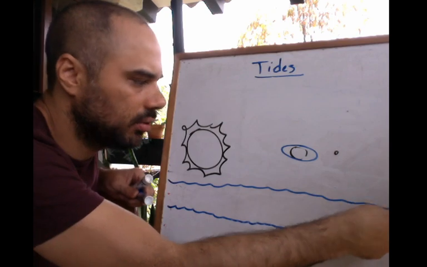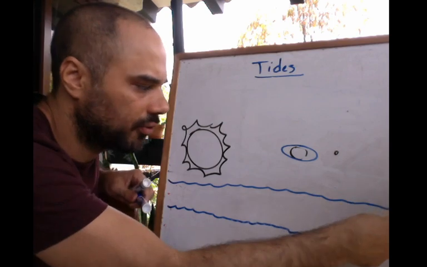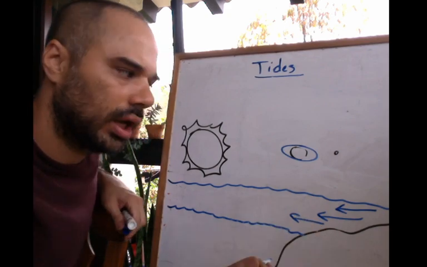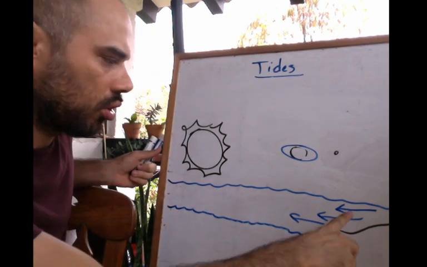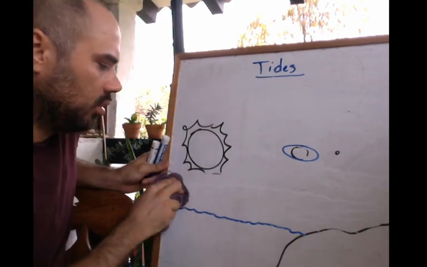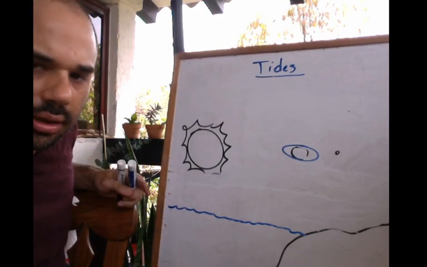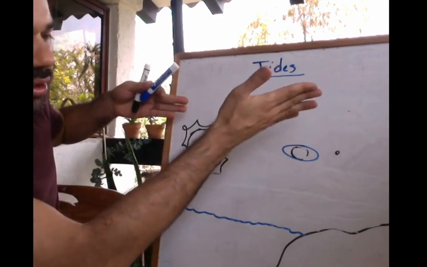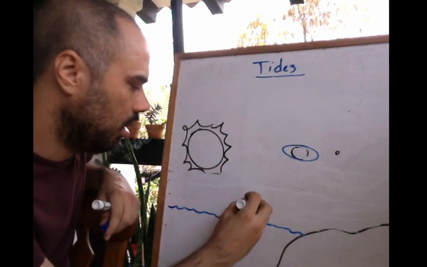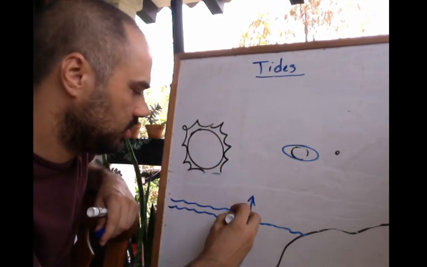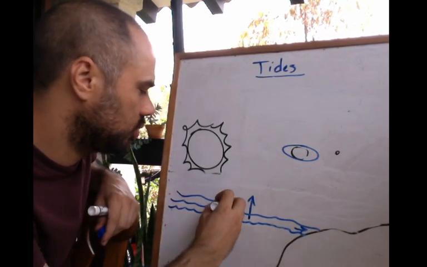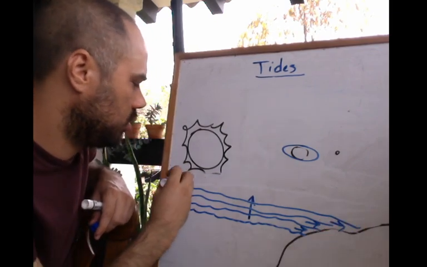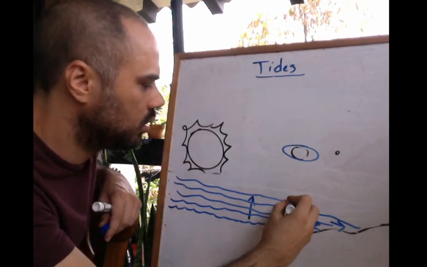And how does it come down from here to here? Well, it's going to be creating a current, a tidal current. So no longer will we have the high tide, we'll have a low tide. And when the tide is preparing to go back up, this is going to create a current also. And now we have a high tide.